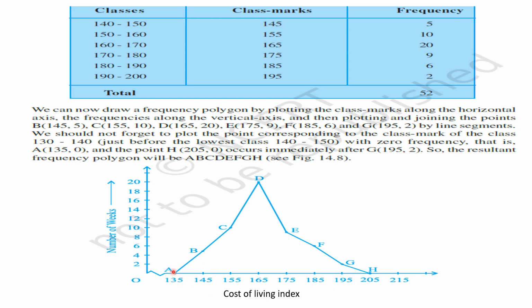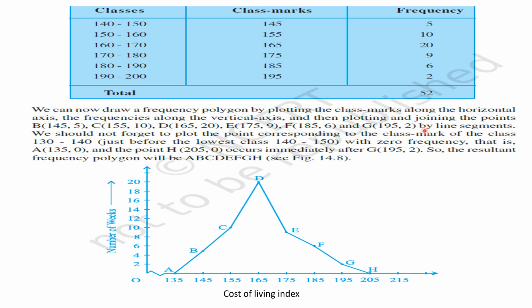On the y-axis, number of weeks, frequencies. So 135 is 0, because we have taken 0. After the last class also we have taken 0. So this is marked as point A and this is marked as point H. Here 145, 5. Next 155, 10. Using the concept of coordinate geometry, this is the x coordinate and this is the y coordinate.